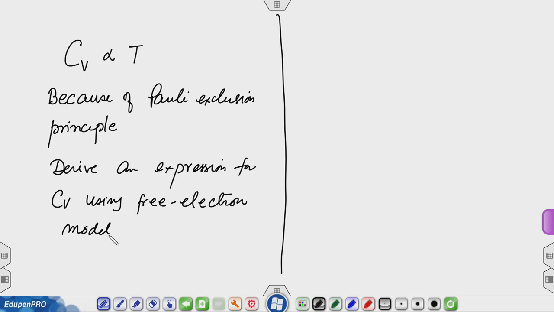For this, what I need is the energy of the electron gas at temperature T, which is given as the integration from 0 to infinity of energy E, at energy E, times the density of states epsilon(E), and the probability of occupation of that level, which is given by the Fermi-Dirac function F(E,T).